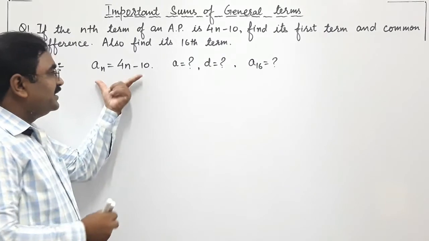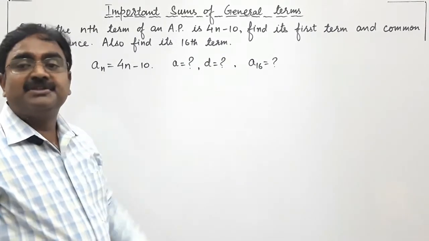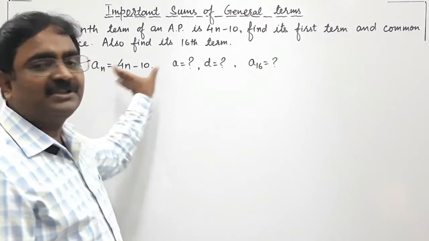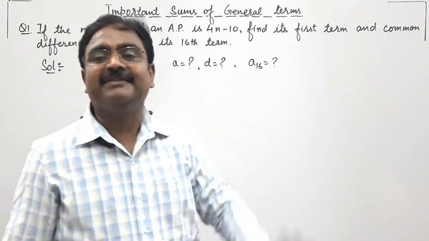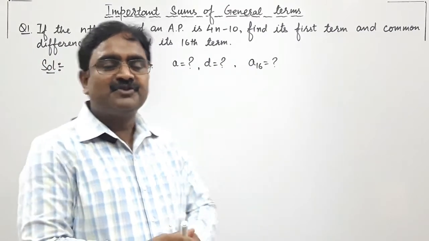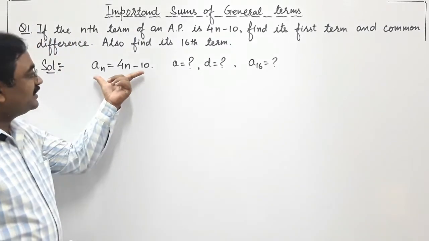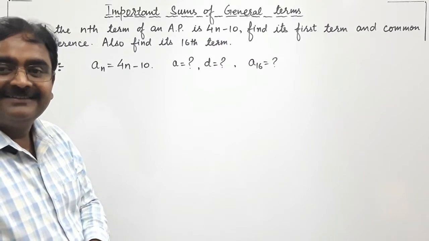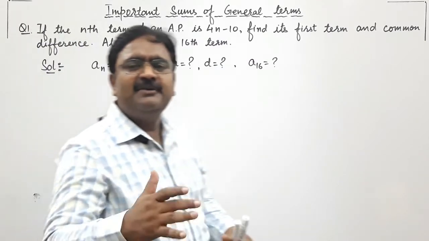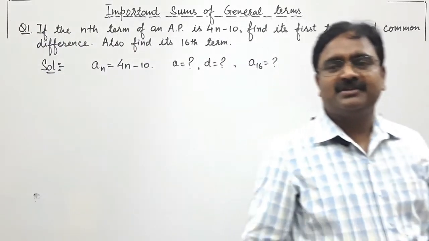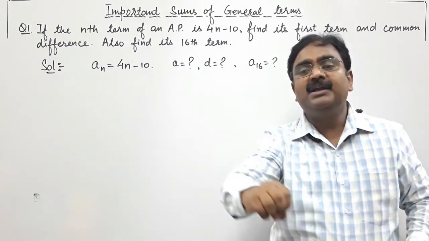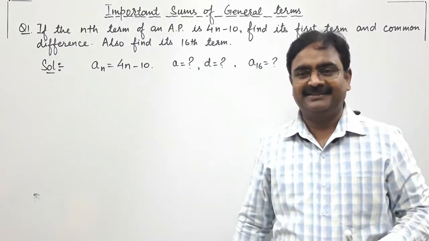So one thing is given and there are three things it is asking, which are totally based on this given general term. Right children? As the general term, the nth term of this series, is given as 4n minus 10, let us frame our arithmetic progression. With the help of this general term हम अपने total series को ही find करते हैं.